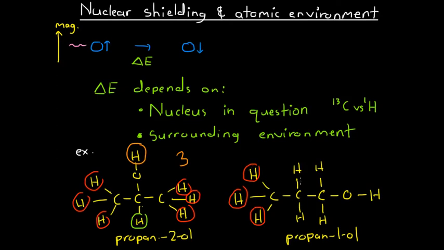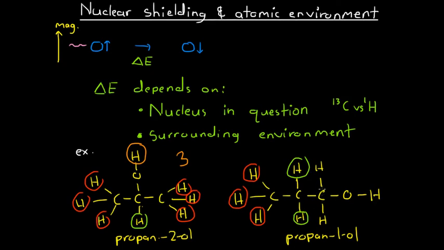None of the other carbons have three hydrogens, so there are no other hydrogens in the same boat as these three. If we were to look for a second group, these hydrogens are in the same group because they're the only ones bonded to a middle carbon. This carbon is the only carbon bonded to two other carbons, and that makes it unique, and therefore these hydrogens are different to all the other hydrogens.